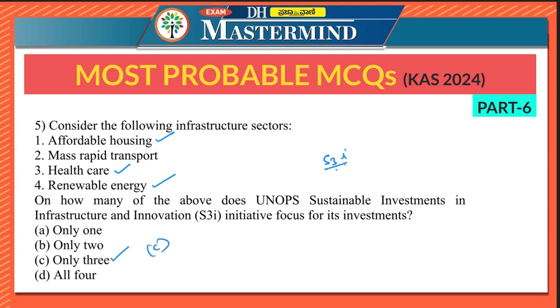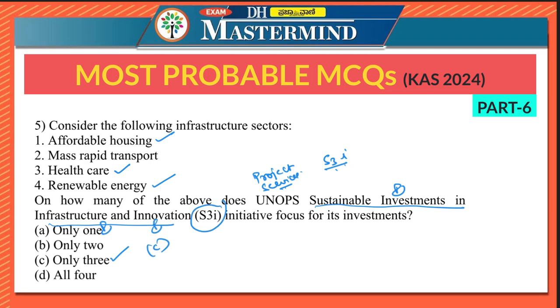UNOPS means UN Office for Project Services, and S3I means Sustainable Investments in Infrastructure and Innovation: one I, second I, and third I. Therefore, it is called the S3I initiative.